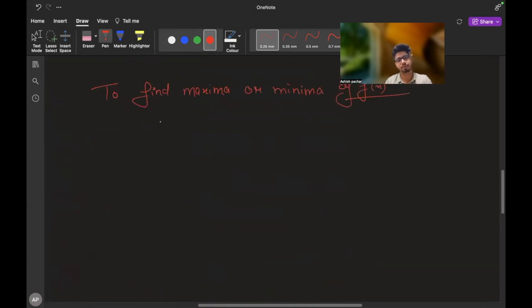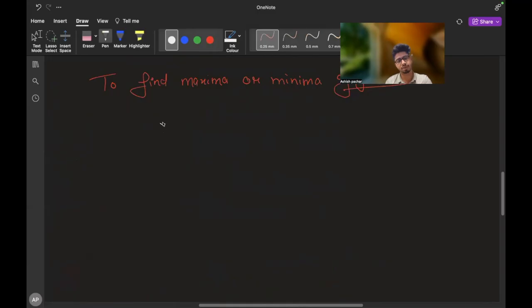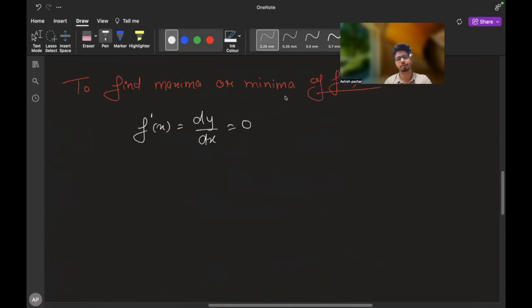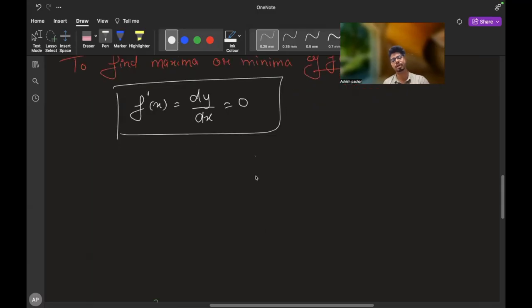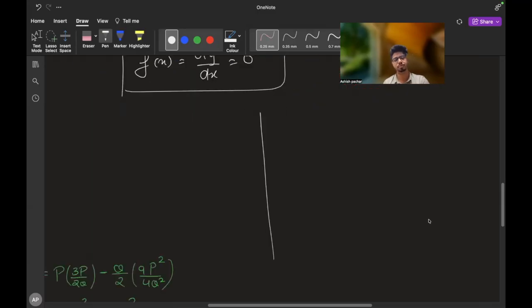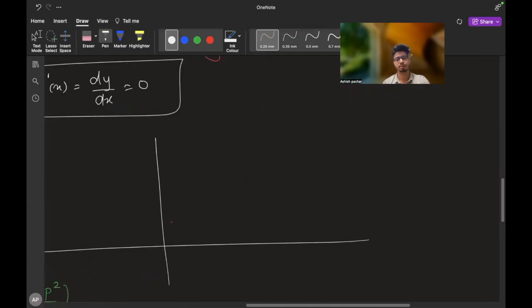we just differentiate it. So we find the derivative, something like dy by dx, and we put it equal to 0, because this is the slope at an instant. At the maximum or minimum point, to find the slope we draw the tangent.